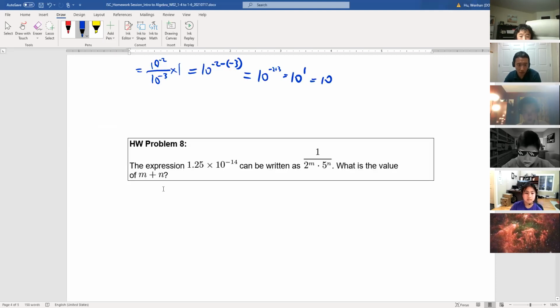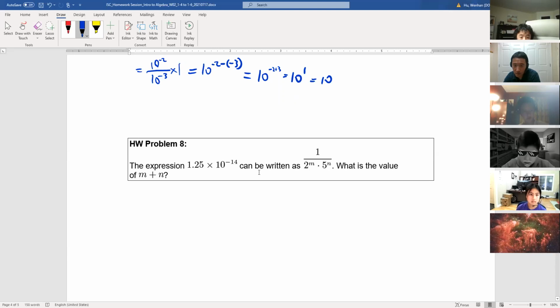Okay, the next one. This one, expression 1.25 times 10 to the -14 can be written as the reciprocal of 2 to the m times 5 to the n. What is the value of m plus n?